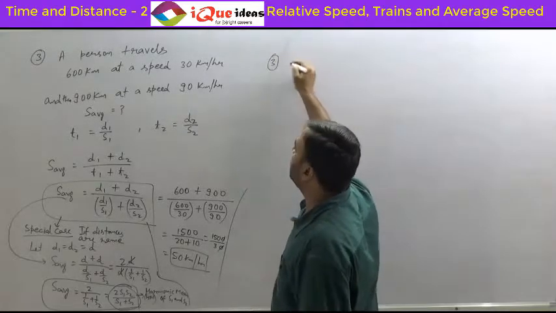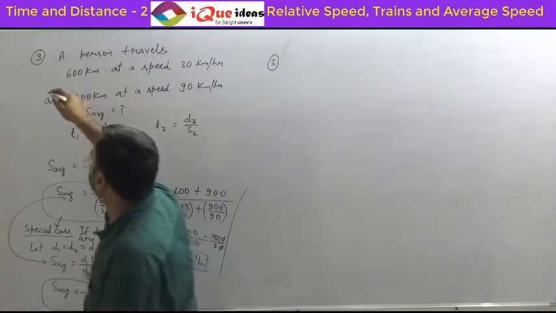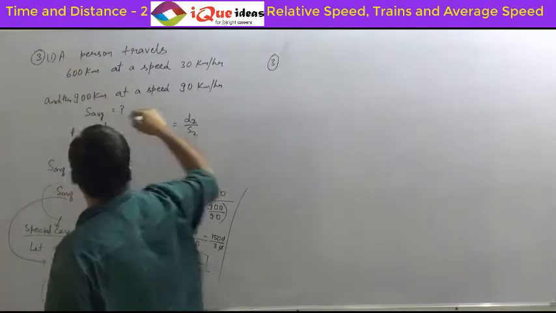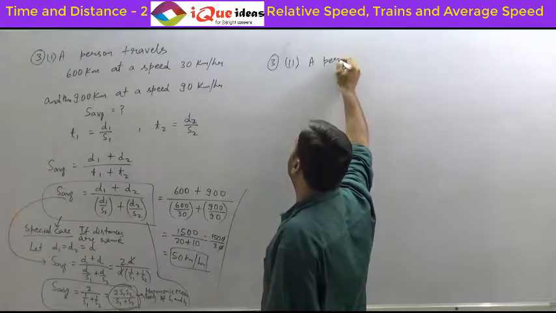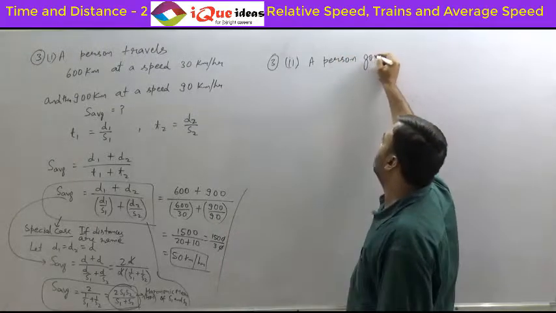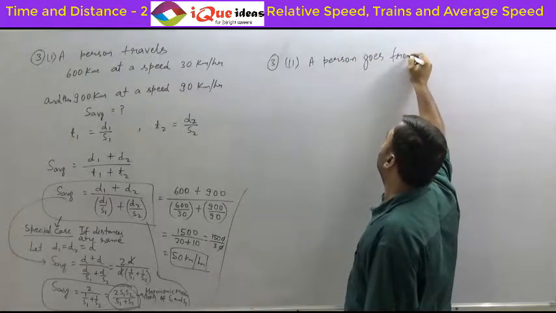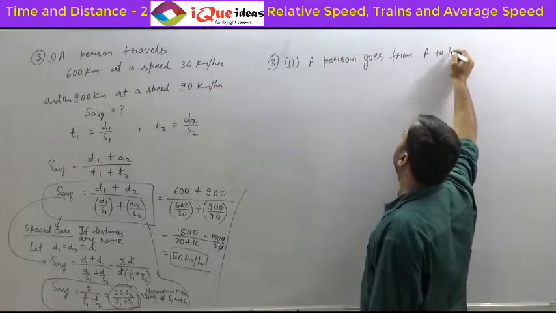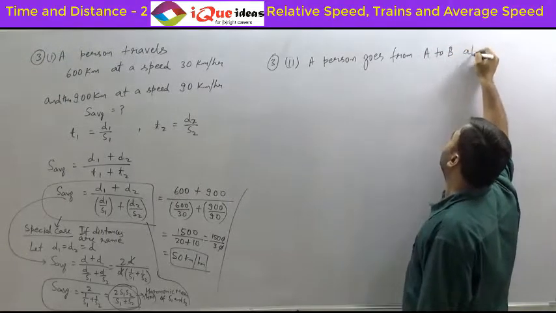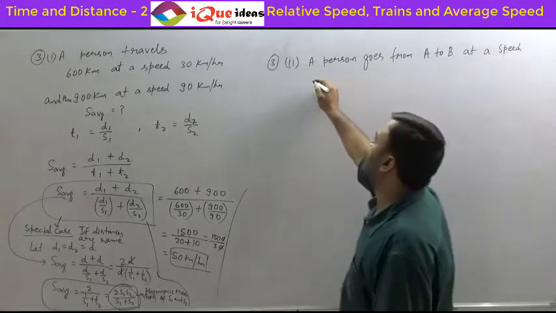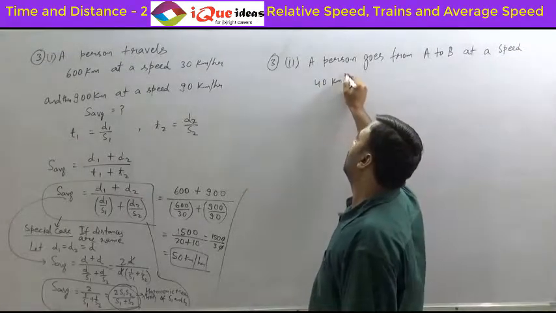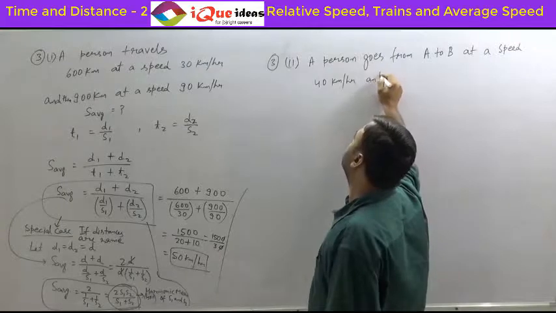question number 3, but I'll put, let's say 1 here and 2 here. A person goes from A to B at a speed of 40 kilometers per hour and comes back.